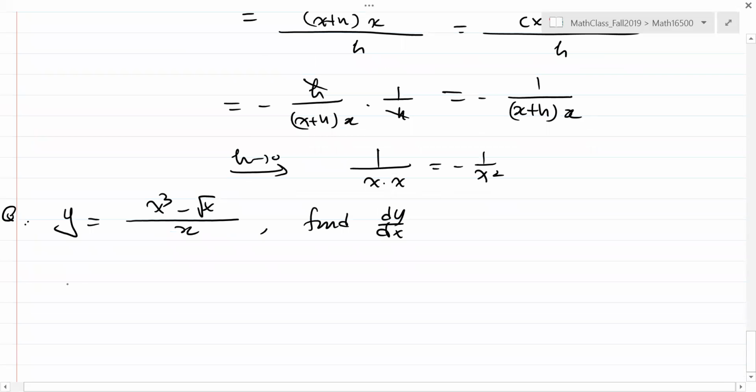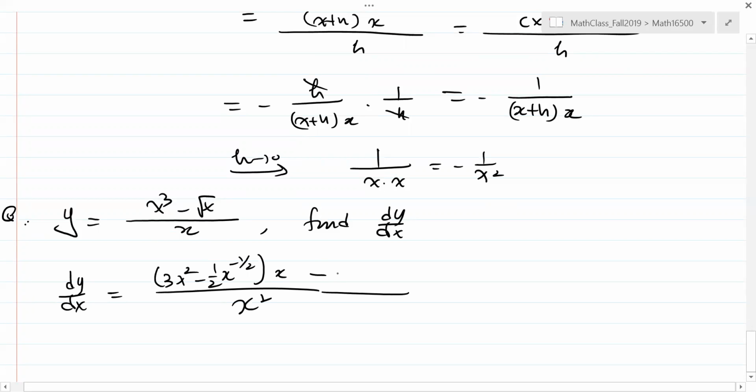Let's say the denominator squared, no problem. Then you differentiate: this one would be 3x squared, and then differentiate square root of x, which you can write as x to the 1/2. Then multiply by the denominator, then minus the derivative of the denominator, which is 1.